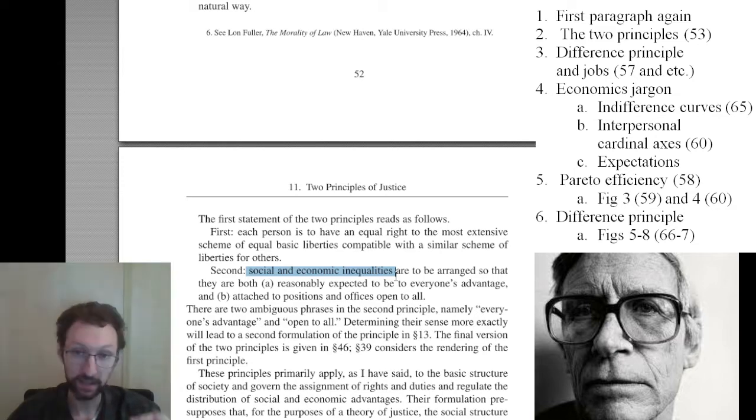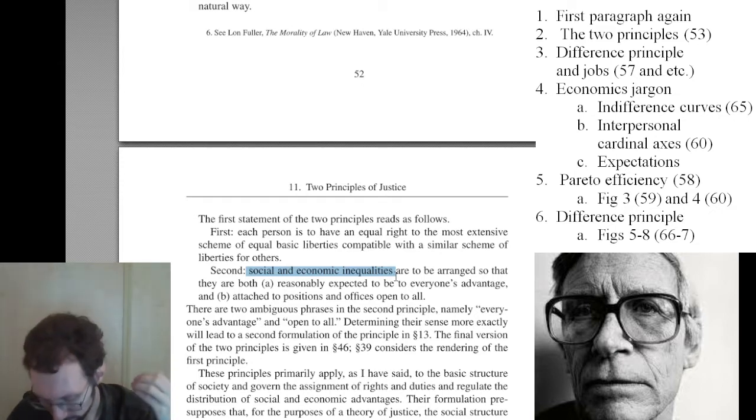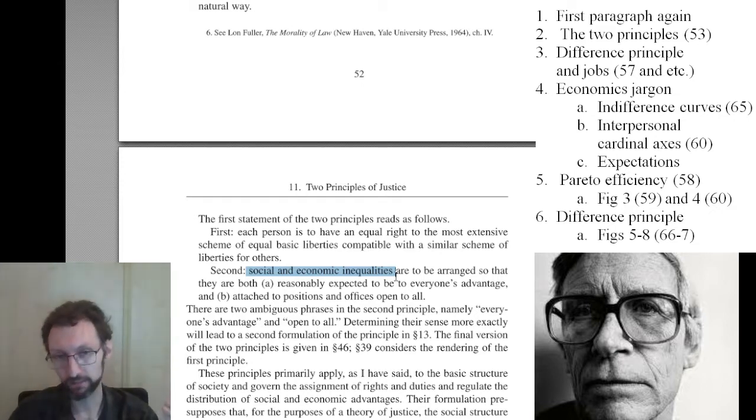It just says if inequality makes the worst off person better off, then it's fine, and who cares how that happens. But there is a typical way this might happen in a society, which Rawls has in the back of his mind, and people reading Rawls will have in the back of their mind. And so you want to have this in the back of your mind so that you understand what's going on.